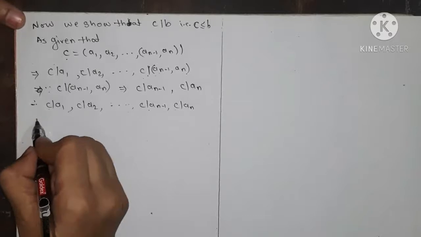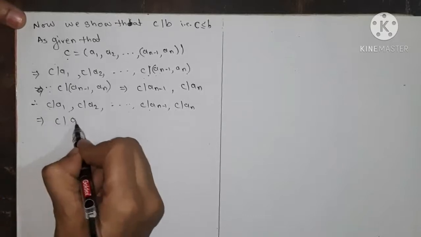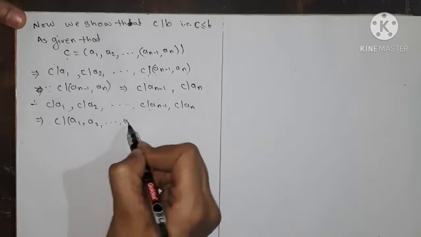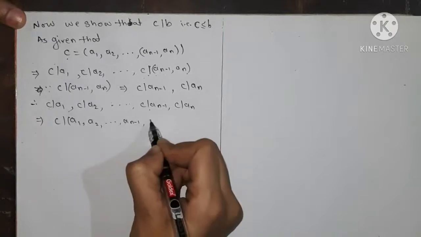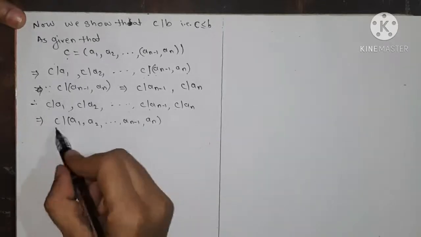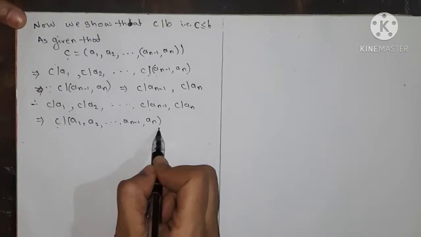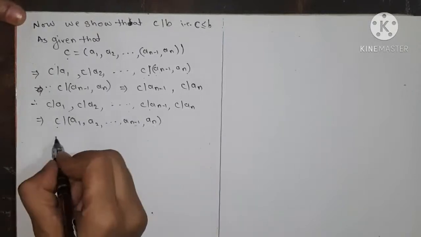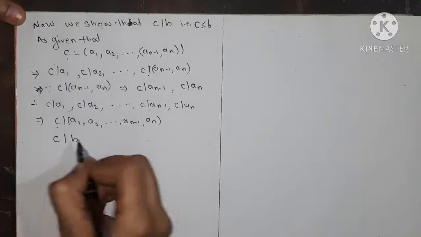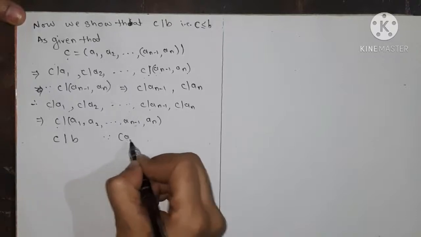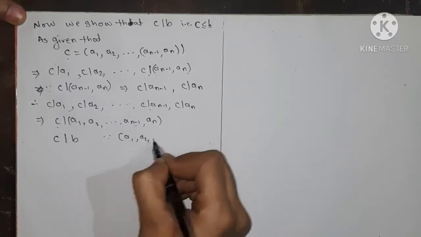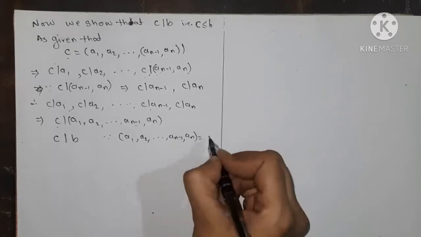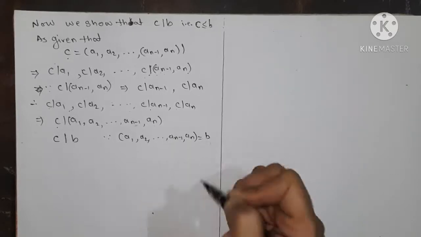So C divides GCD of A1, A2 and so on, GCD of AN minus 1, AN. But the GCD of all these integers is equal to B. So we have C divides B, since GCD of A1, A2 and so on AN is equal to B.